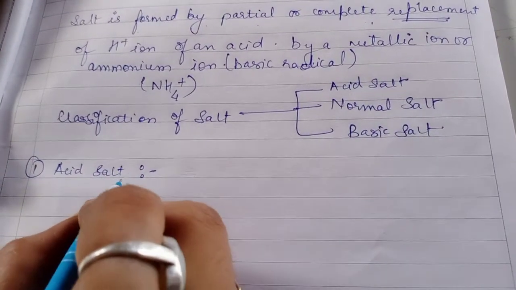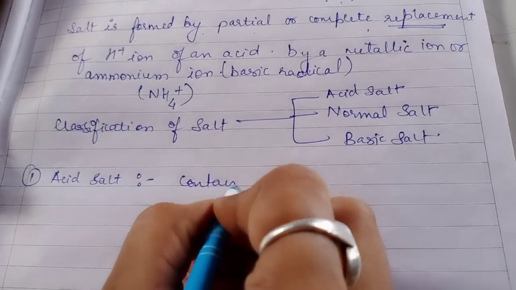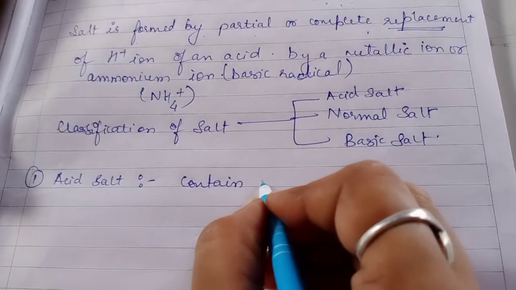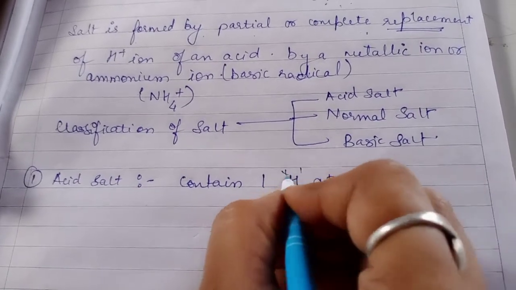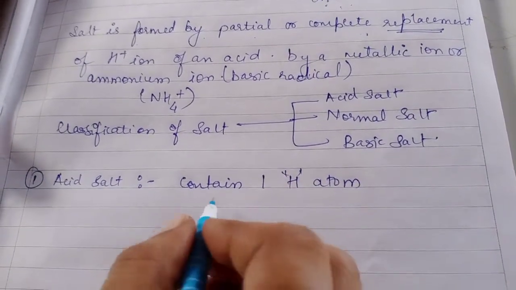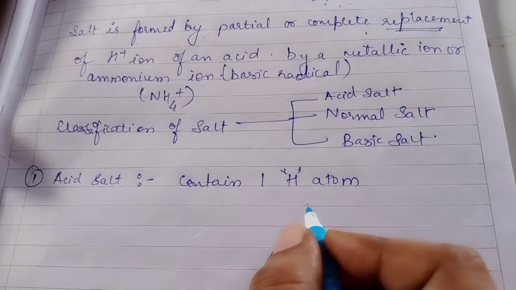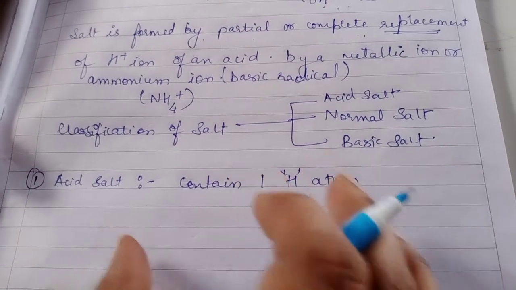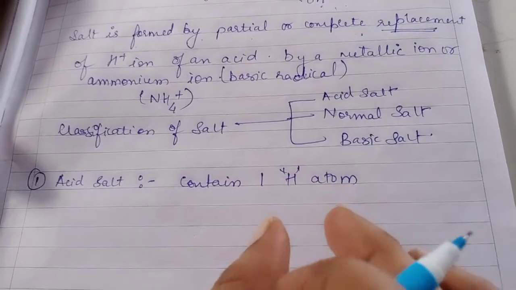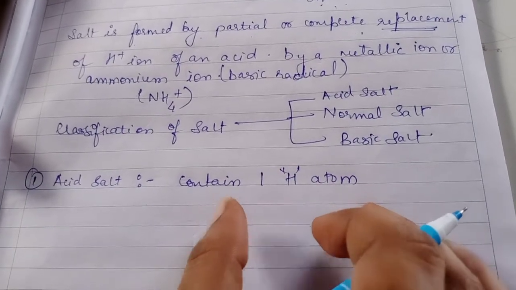So how is the acid salt formed? Acid salt contains one hydrogen atom, compulsory. Yes or no? Like you have studied NaHCO3, NaHSO3, NaHSO4, this way. So all these are examples. That means it should contain hydrogen ion. Now how is the acid salt formed?